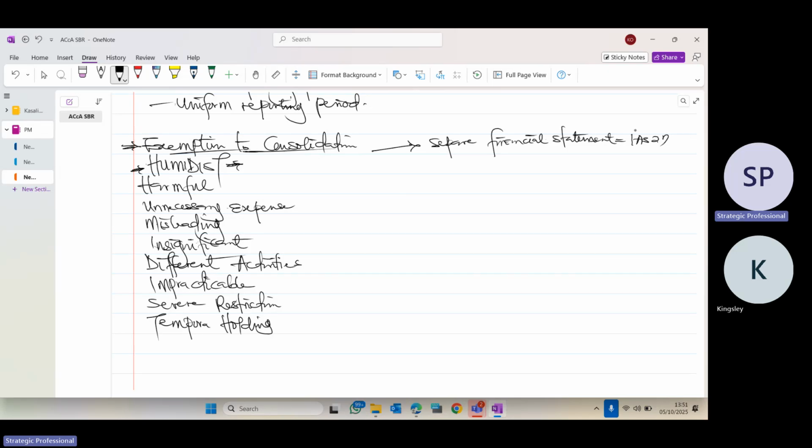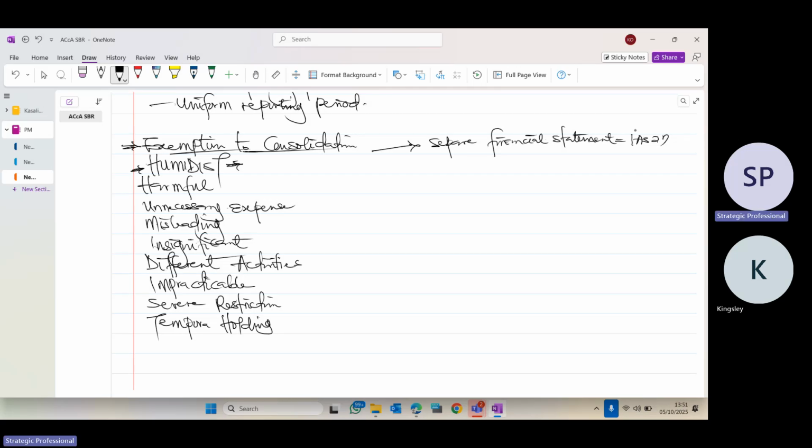When we say harmful, where the parent company sees that consolidating the activities of the subsidiary will be harmful to the users of the financial statement or will cause more harm to the organization, instead, it is allowed not to prepare a consolidated financial statement, but must disclose it.